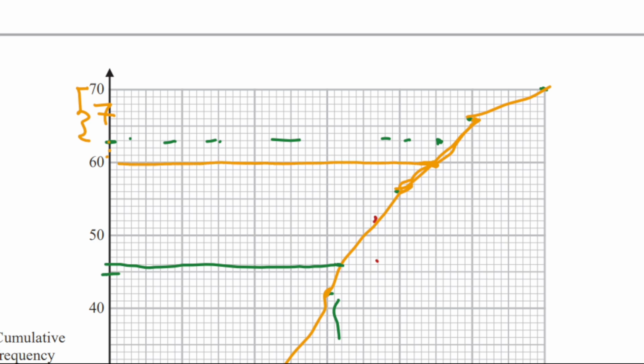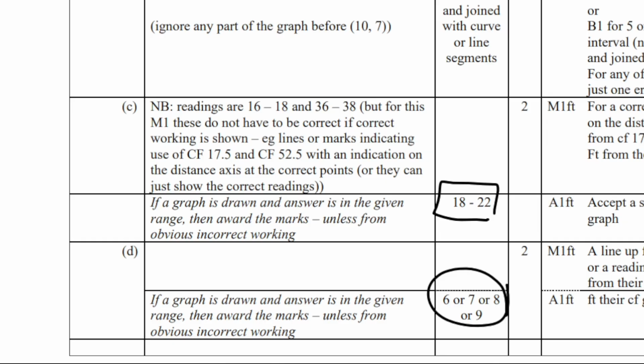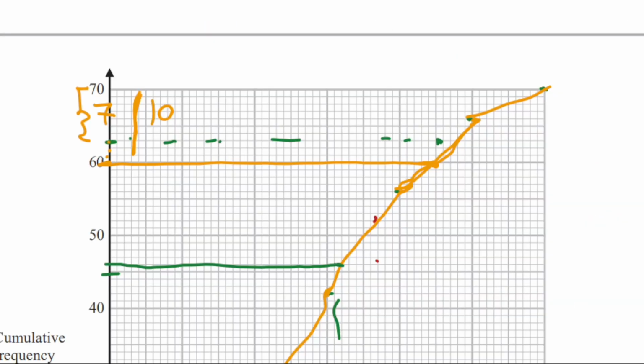If you cross here, this is going to be 60. That means this number is 10 and it's out of the range. Did you get me? I want you to get the full mark. So what you do, try to make your working neat. Try not to make a very strange line, like some kids just go like that. That doesn't work. Do you get me? Now we got the full mark.